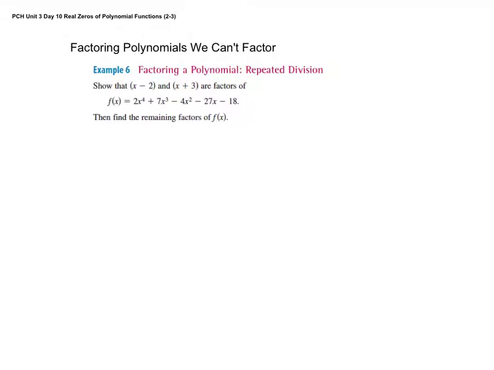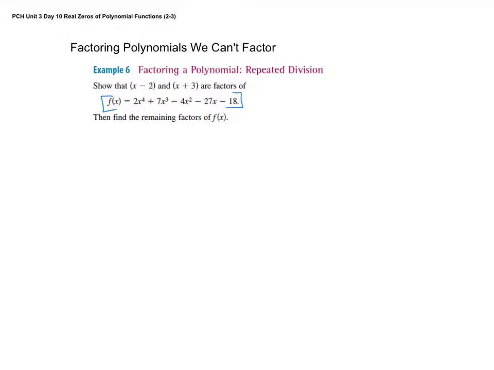a third application of synthetic division is, get this, we're going to factor polynomials that we can't factor. Okay? We're going to factor polynomials that we cannot factor. So, here's a polynomial. Check this out.